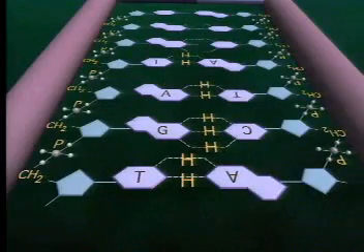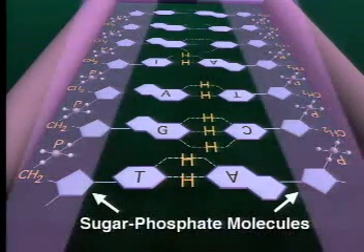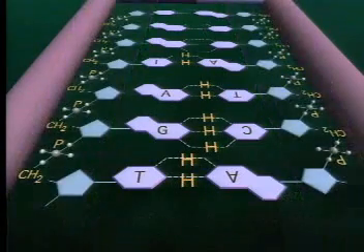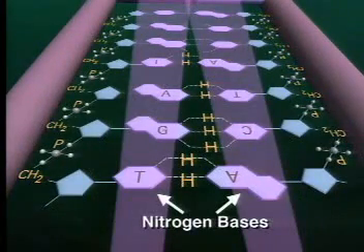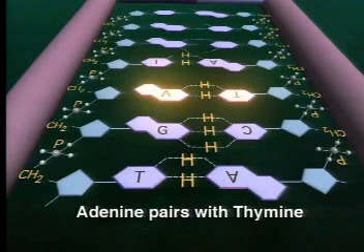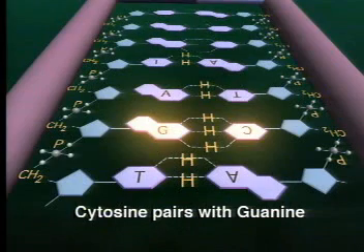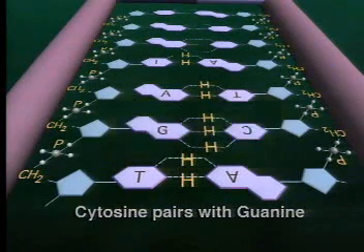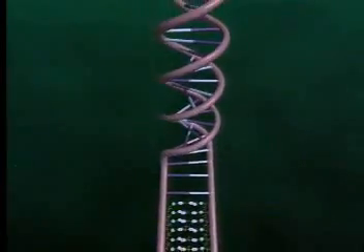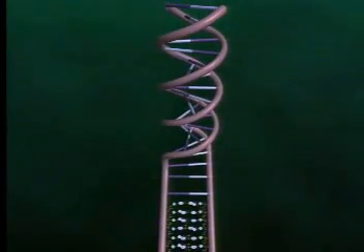You see, DNA consists of 2 polynucleotide chains. Sugar-phosphate molecules form the backbones on the outside of the helix. Nitrogen bases are paired in the interior of the helix. Adenine pairs with thymine, A with T, and cytosine pairs with guanine, C with G. The pairs are held together by hydrogen bonds, and it is these hydrogen bonds that cause the strands to coil, forming the helical structure.